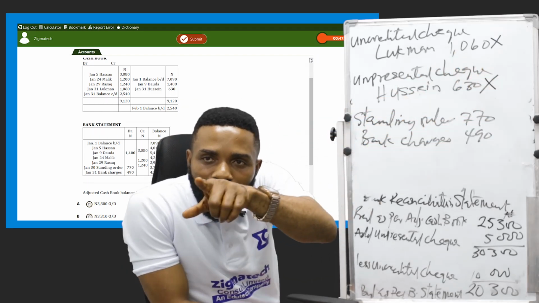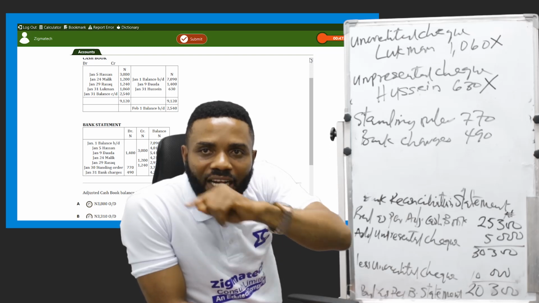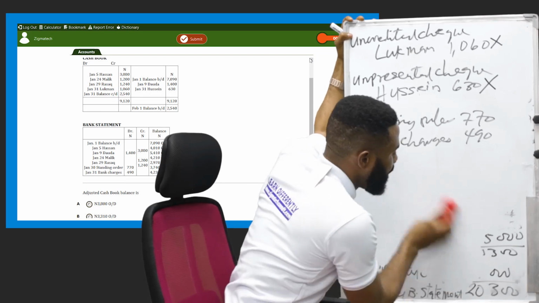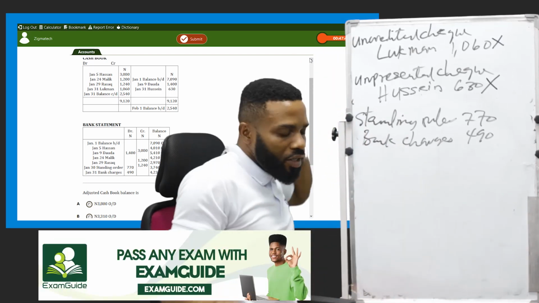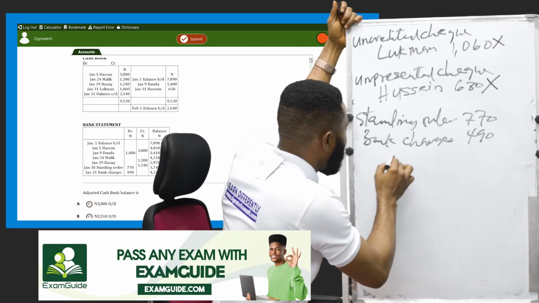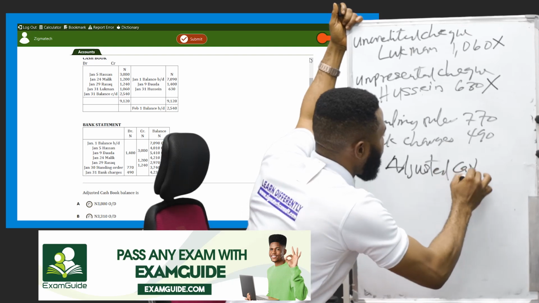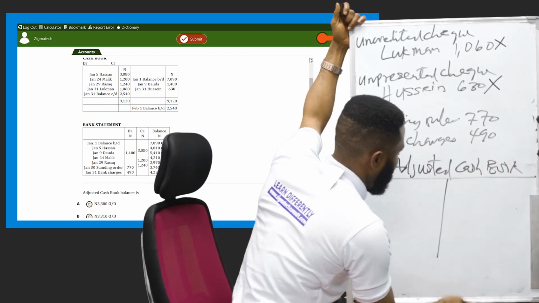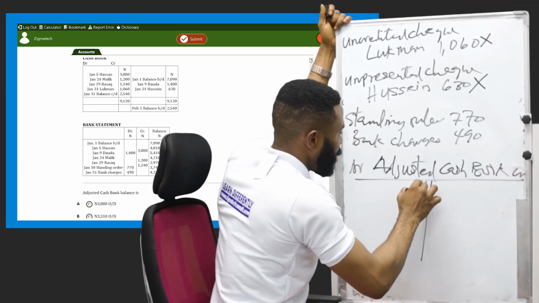But if you see now, your credit side of the cash book is greater than your debit side. So let's just adjust that and then we end the lesson on that note. Your adjusted cash book will look like this. This is how it will look. This is your credit side, and this is your debit side.